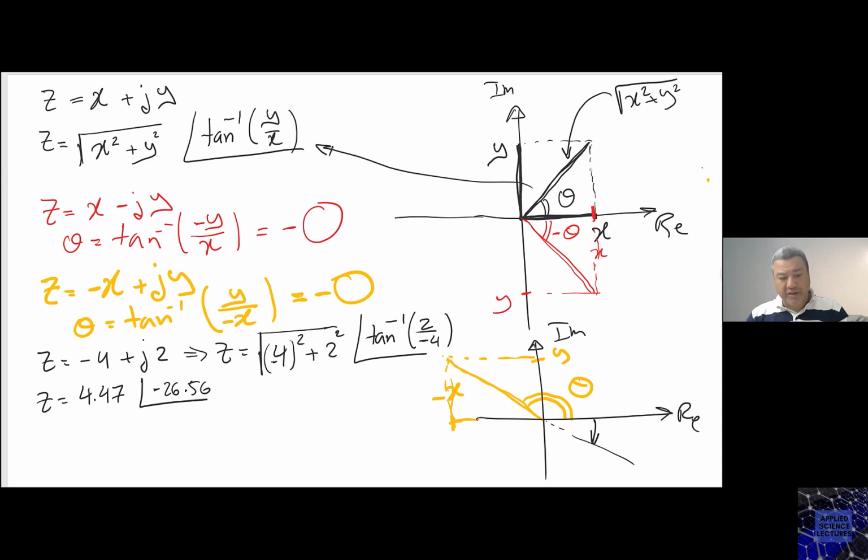So what you do is you add 180 degrees to it. This is wrong because this is in the fourth quadrant and you're expecting your angle to be in the second quadrant. So what you do is you add 180 degrees to minus 26.56.